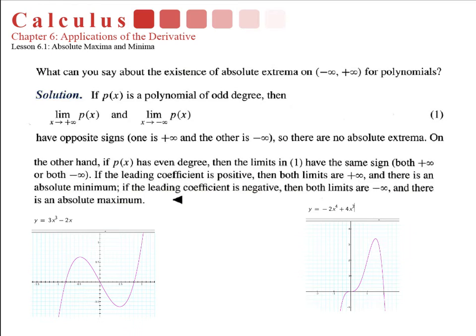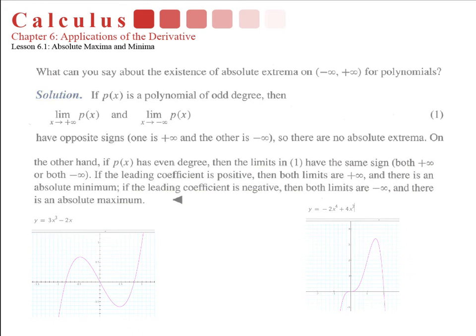But if the leading coefficient is negative and the degree of the polynomial is even, then the end behaviors are both negative infinity, and therefore the polynomial must have an absolute maximum. So we can make some general conclusions about polynomials, which is very nice. Rather than having to do a whole bunch of work, if we know it's a polynomial, what the degree is, and what the leading coefficient is, we can make some general conclusions about whether there are absolute extrema or not.